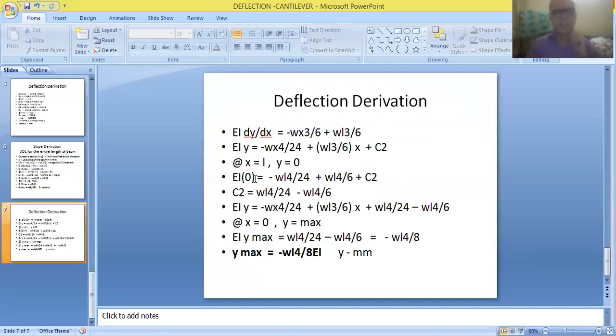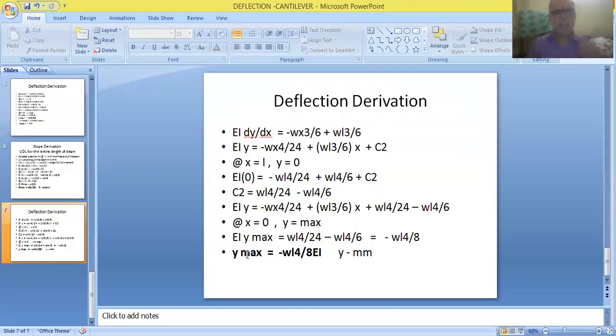At x equal to L meter, the deflection will be 0. Substituting all these values of x and y, C2 will be obtained in this fashion. You substitute again in this equation, and finally this equation is written in this particular form. In this equation, take the x value as 0, and you get the maximum value of deflection.